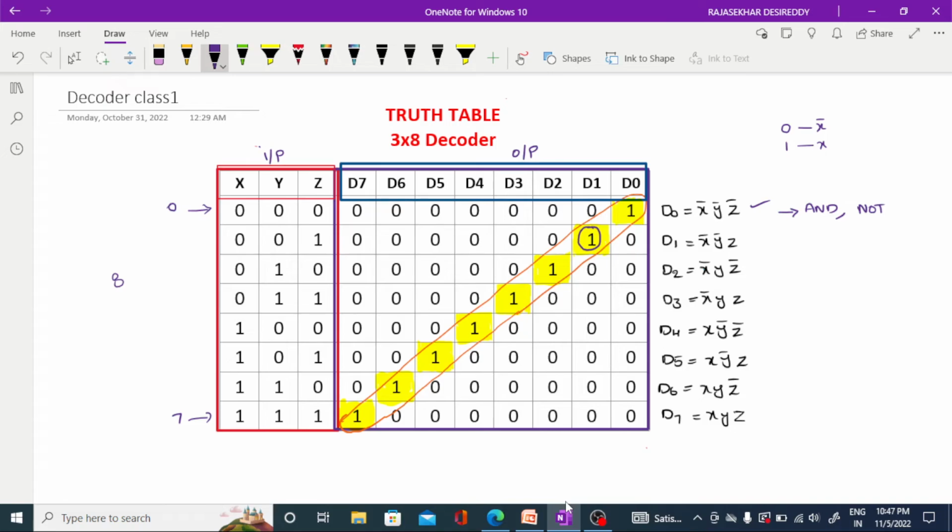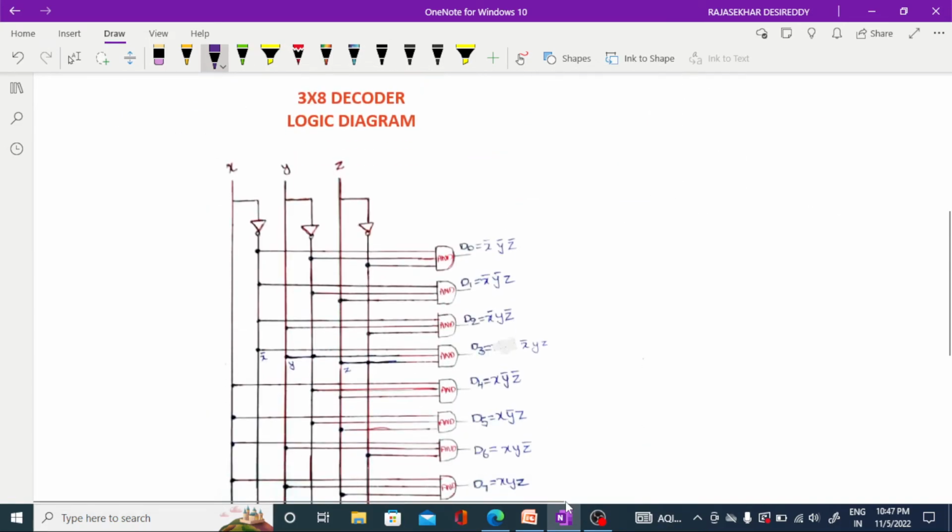That's it. So this is the concept. Now observe this one based on that. This is the X bar line, and this is the X line, and this is the Y line, and this is the Y bar line, and this is the Z line, and this is the Z bar line. That is the reason one NOT gate is used here.